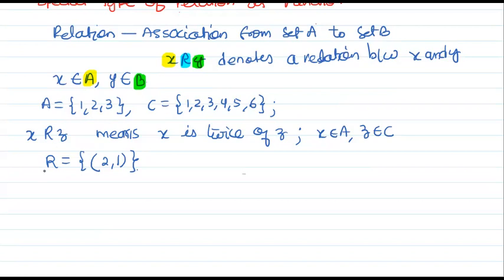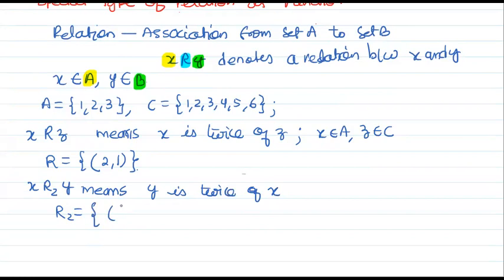If I say X R2 Y, and this R2 is a relation, meaning Y is twice of X. So here, if you describe a relation, since X is coming first, this is an ordered pair.